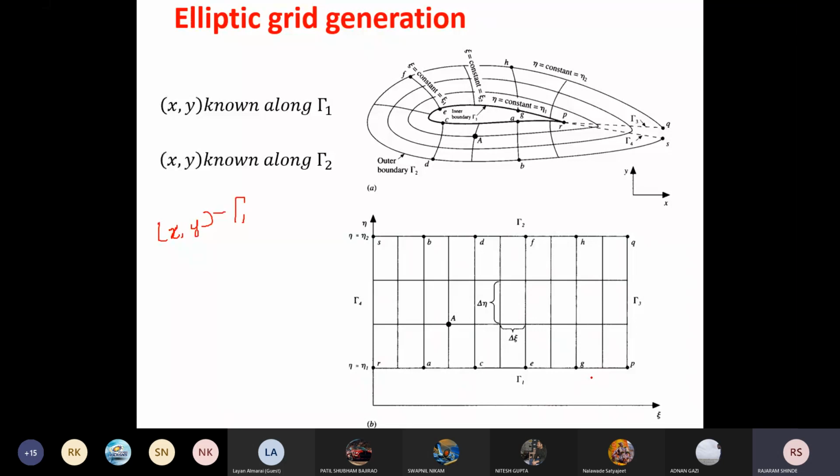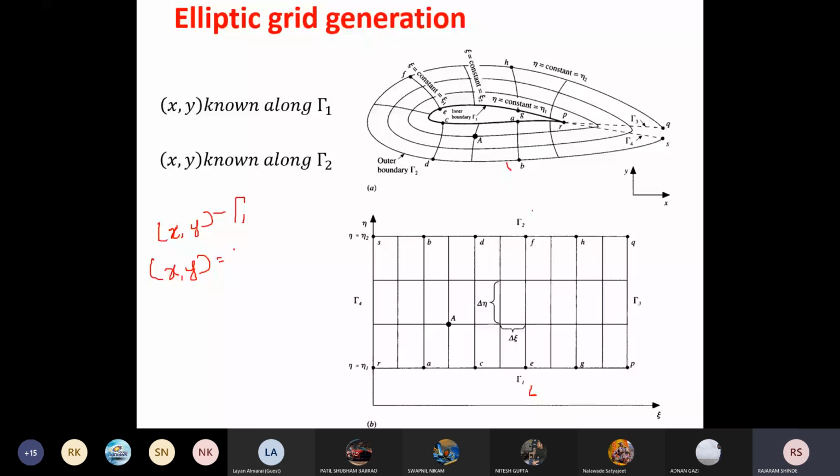Thus the physical conditions on the outer boundary, x y equal to gamma 2, are known. Here this boundary is known and this boundary is known. This is the inner boundary and this is the outer boundary.